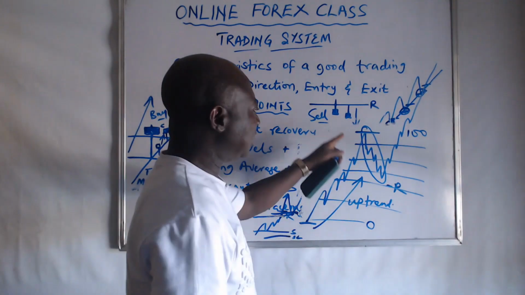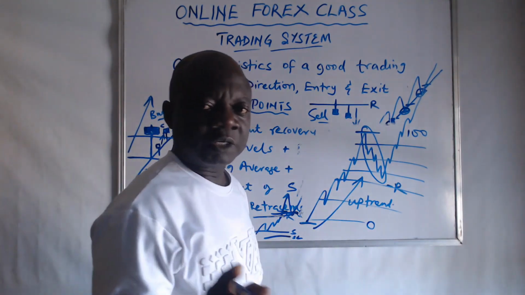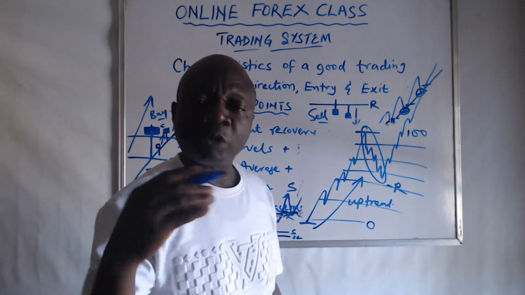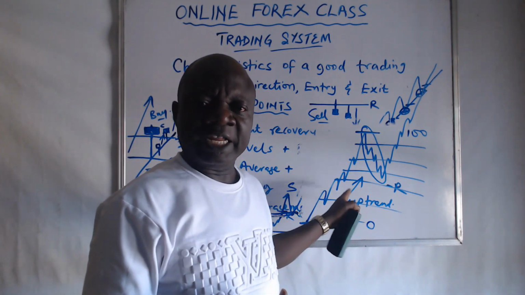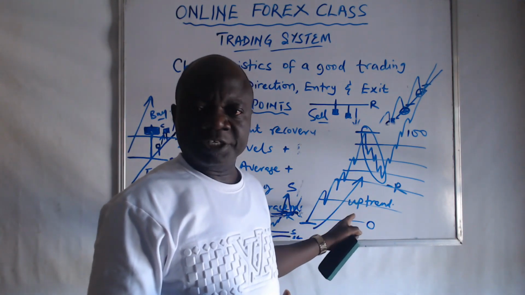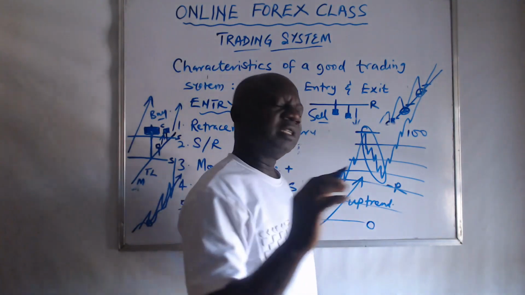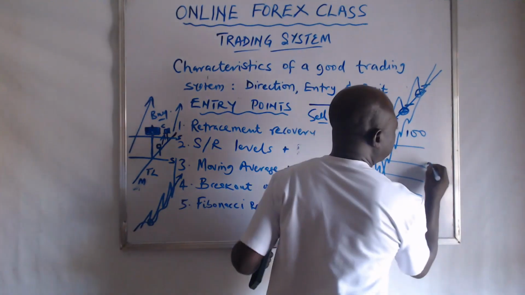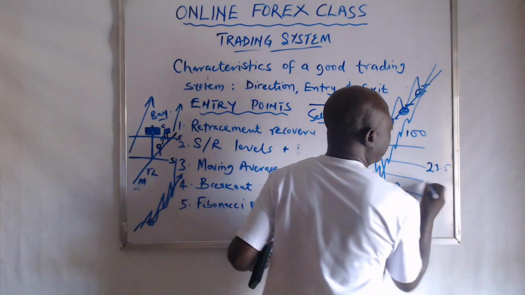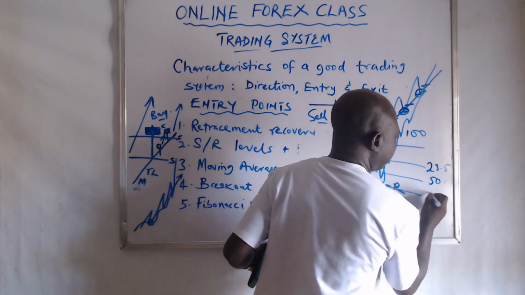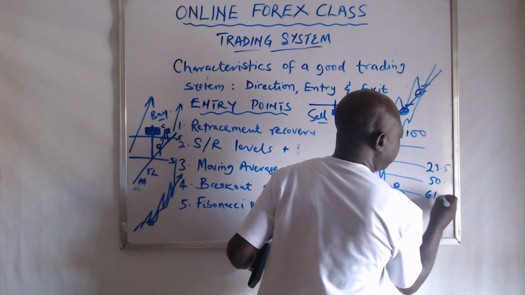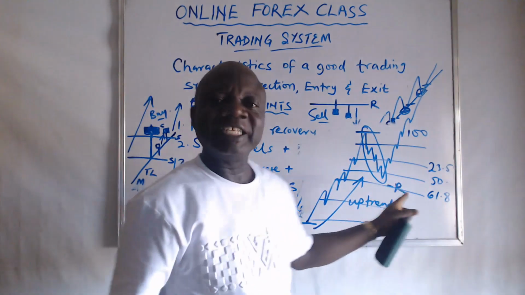We have some important key levels in the Fibonacci retracement. We have 23.5, we have 50, we have 61.8. So those are the 3 key levels.